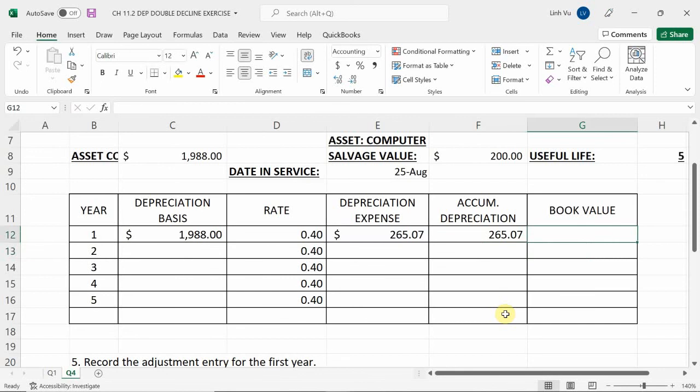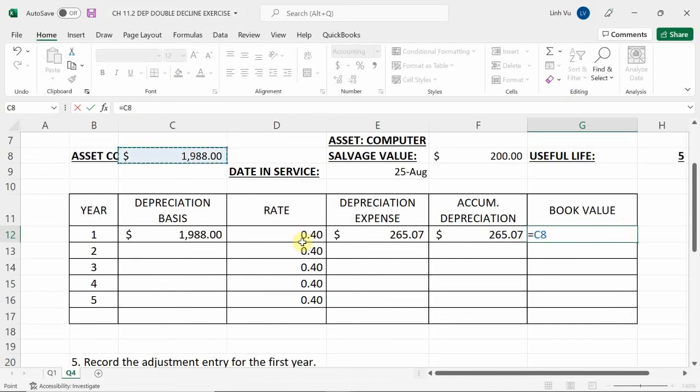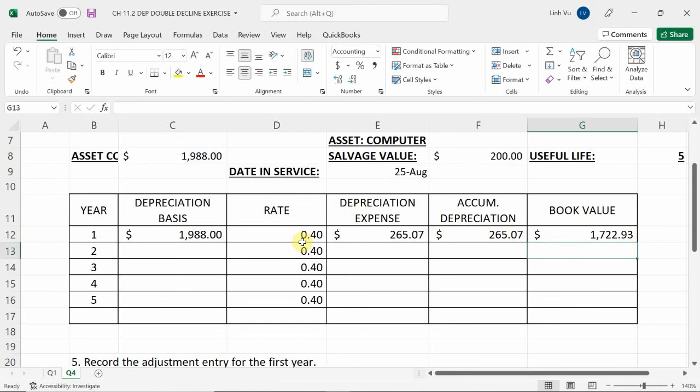Which will give me a book value of 1,722.93. Right, you're going to take your asset cost of the 1988. You're going to subtract the 265 for the accumulated to get you 1722.93.